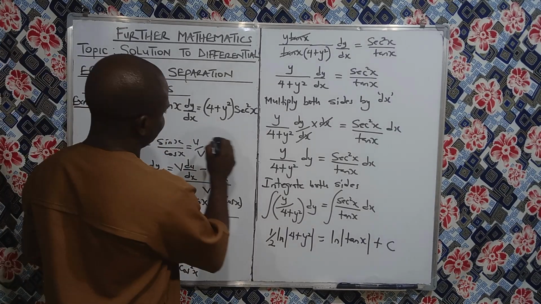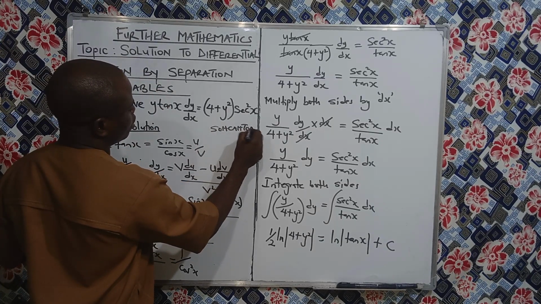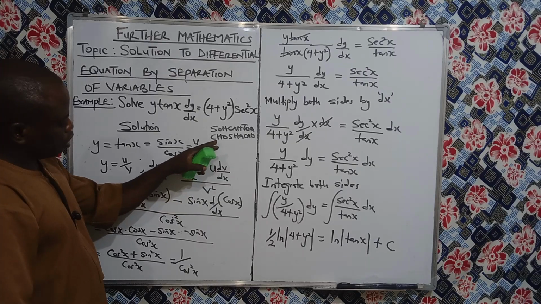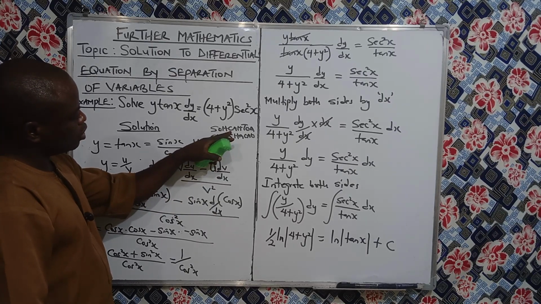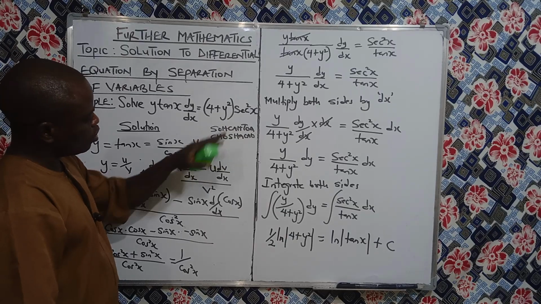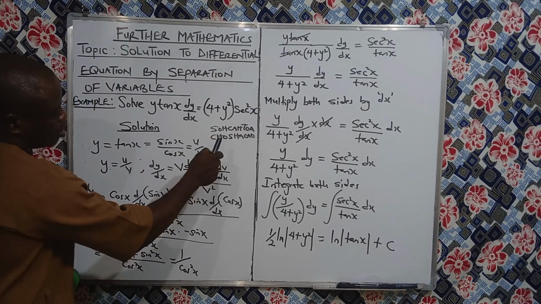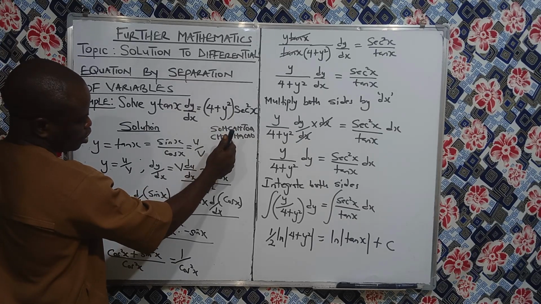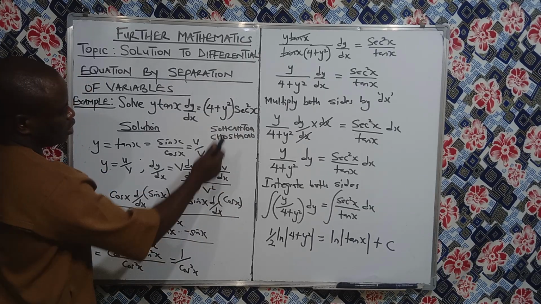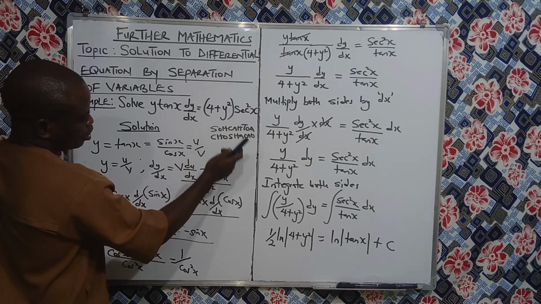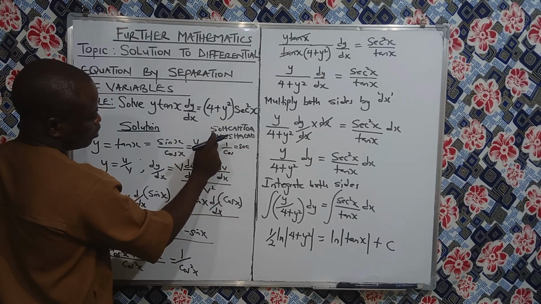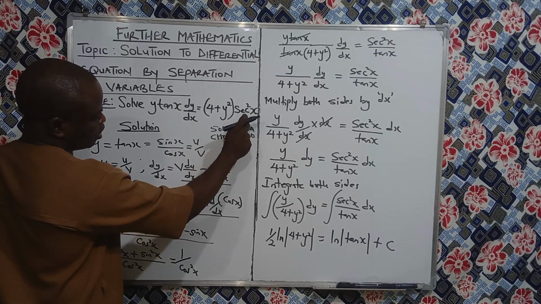Don't forget, you can see that this is cos, this is tan, this is cosecant, this is secant, and this is cotangent. 1 over cos will give us secant. 1 over sine will give us cosecant. 1 over tan will give us cotangent.